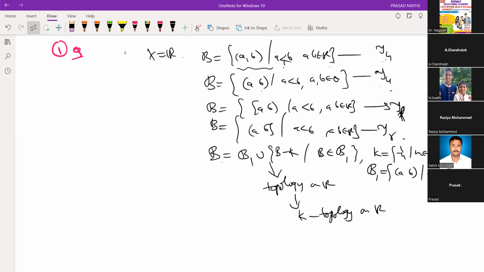You can easily check it. This is an open base we have seen yesterday. So this open base generates the lower limit topology. This is an open base for some topology, and that topology is nothing but the right limit topology. Yesterday we have seen that this is an open base for some topology. That topology is actually the K topology, right?